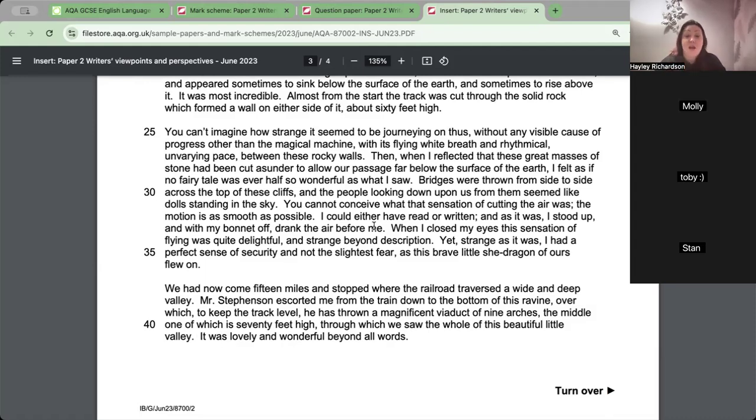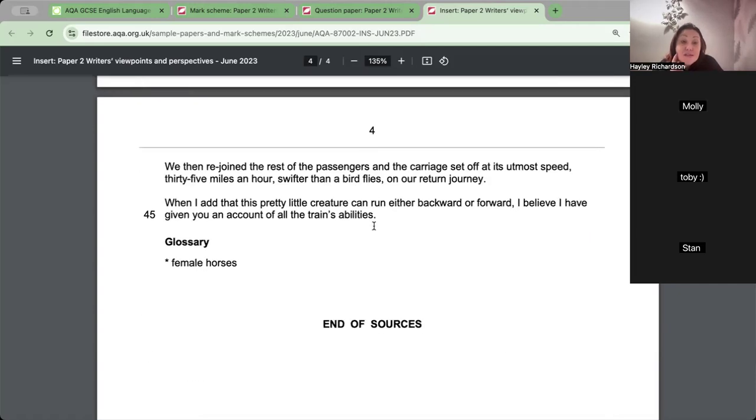It was lovely and wonderful beyond all words. We then rejoined the rest of the passengers, and the carriage set off at its utmost speed, 35 miles an hour, swifter than a bird flies, on our return journey. When I add that this pretty little creature can run either backward or forward, I believe I have given you an account of all the train's abilities.